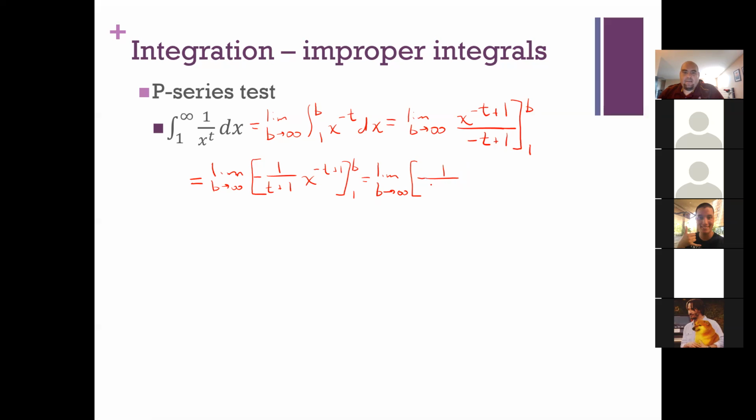If you're evaluating it, don't you have it for b and then 1? Yeah, so I keep plugging things in for the wrong variables here, but we'll get it back. And then subtracting that, I want to plug in 1 for x. So plugging in 1 for x here, that's just going to make that positive 1 over t plus 1.